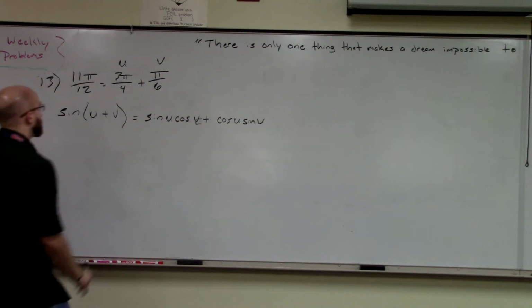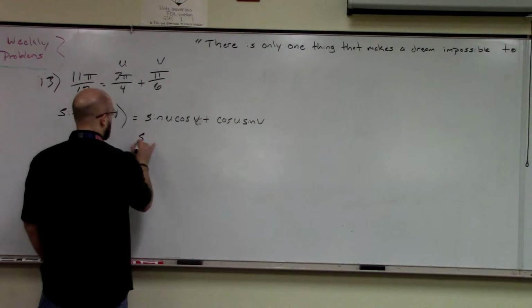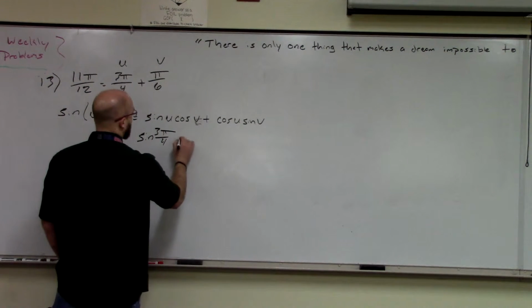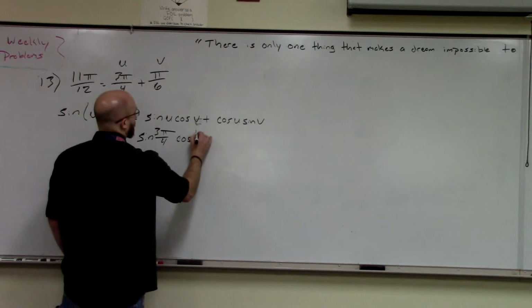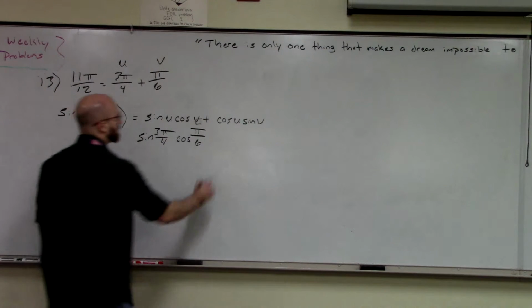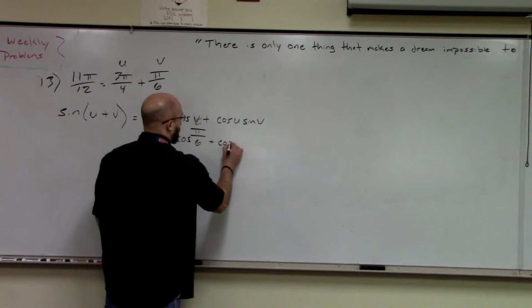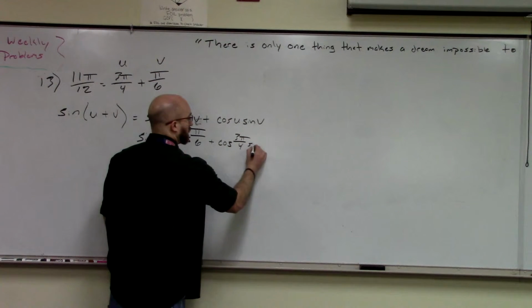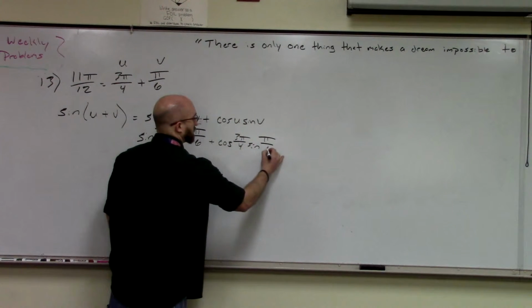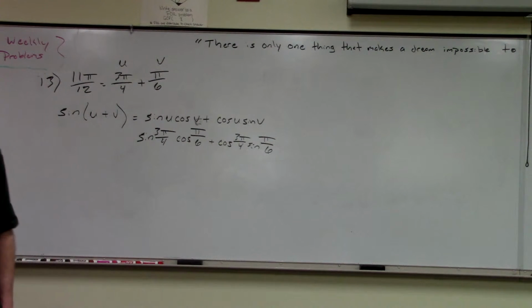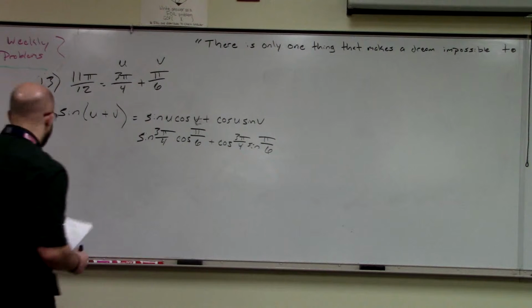Plug them in, so we get sine 3 pi over 4, then cosine pi over 6, and then plus cosine 3 pi over 4 and sine pi over 6. Again, these numbers are on your unit circle, so just plug them in as what you know them to be.